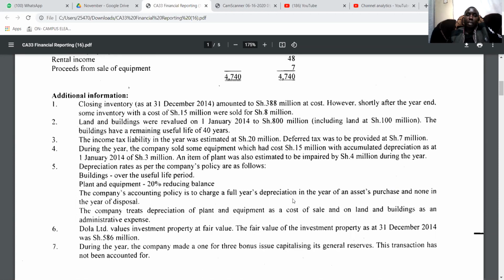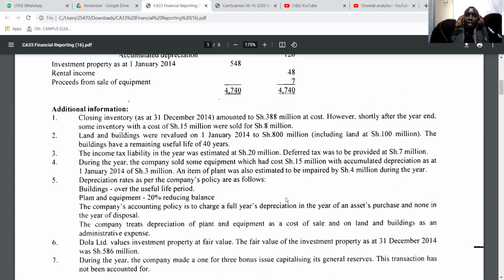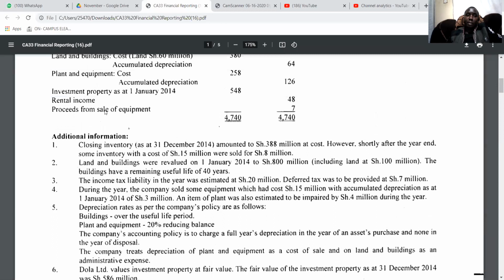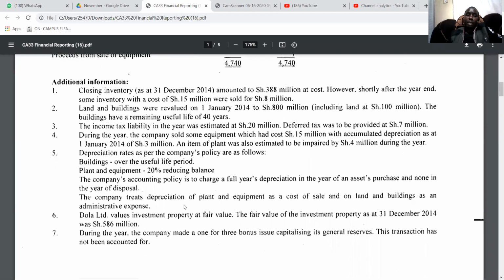If you check in your trial balance, where my cursor is, the investment property is 548. So the figure for investment property there is 548, which means that it increased to 586.